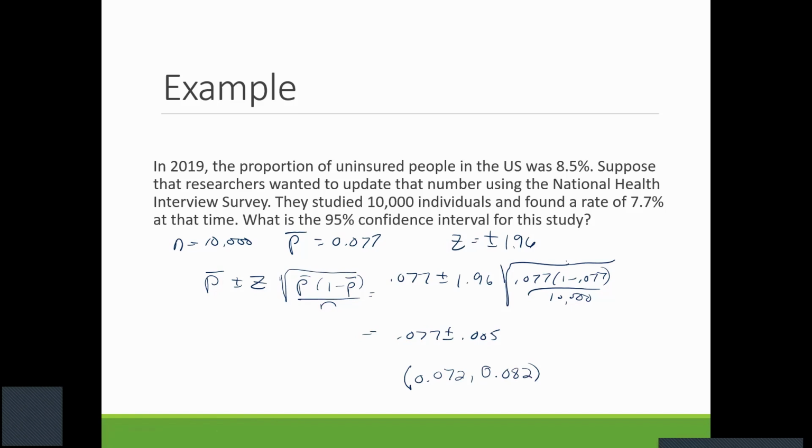So we are 95% confident that the population proportion is between 7.2% and 8.2%. Do note briefly that 8.5% is not in that interval, okay?